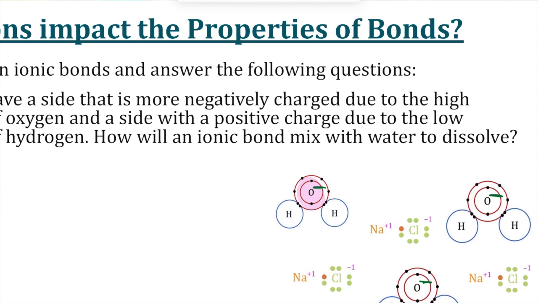Any of my hydrogens, because those are less electronegative, those hydrogens are going to have partial positive charges. So it's not really positively charged, but it's going to be more positive than neutral. And as we look at this, well, if sodium has a +1 charge, how might that respond to a water molecule? Well, we know that opposites attract.